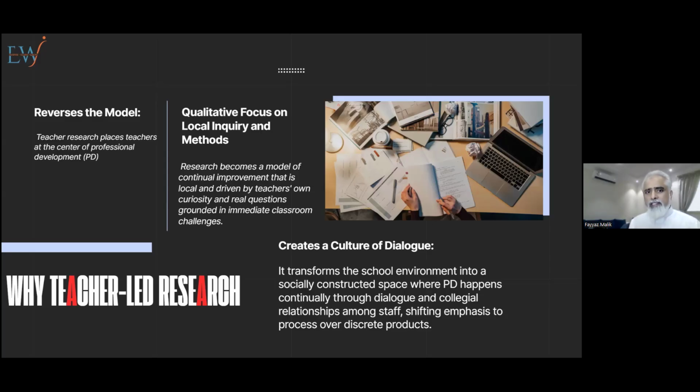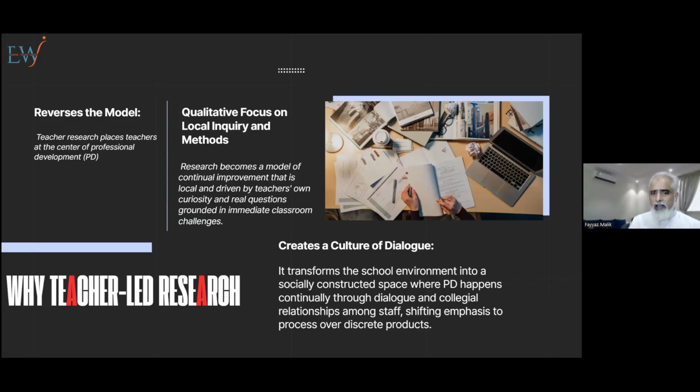So I need local solutions. So the best way is that I need to create a context of research. I need to find a problem within my own context, within my own jurisdiction. That is my classroom, my students. So that is the best way that I can find solutions to the local problem, local inquiry, and local methods.